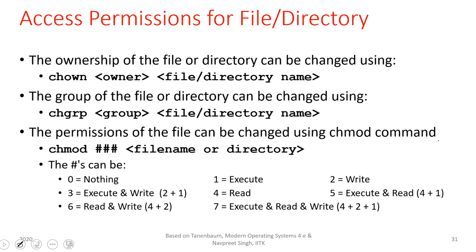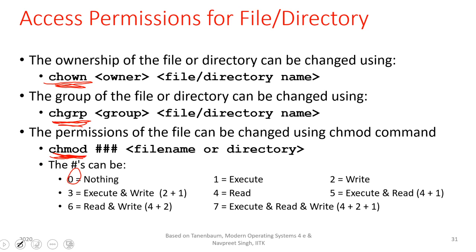Then in terms of access control, we can change the owner of the file or directory. We can change the group of a file or directory, and we can also change the permission of a file or directory, so what they can do.